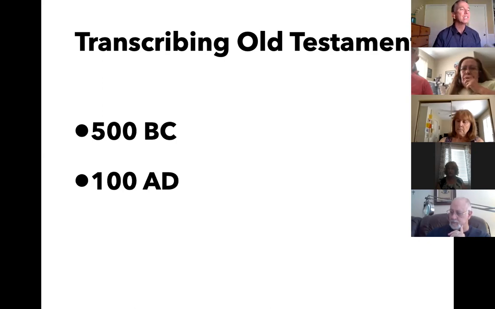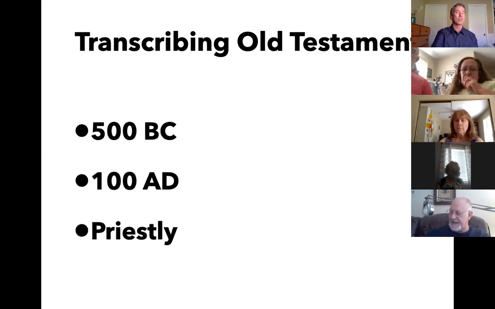These scholars later believed that these Jewish men, the Sopharim, were possibly of priestly descent, since most Sopharim whose genealogy is known were priests. So these guys knew their Bibles, they knew their Old Testament, they knew their scripture, as well as they knew the other traditions.